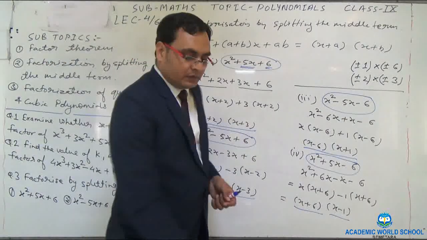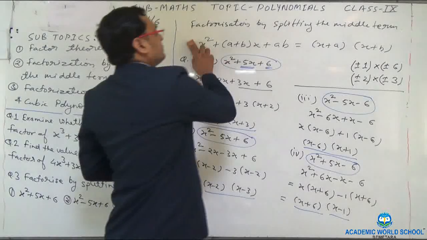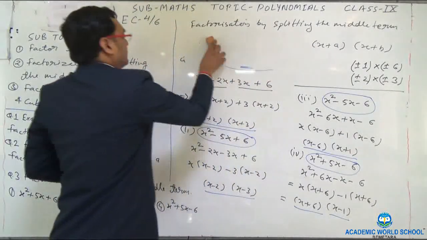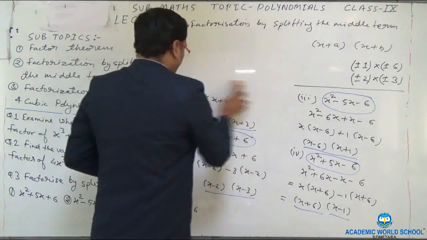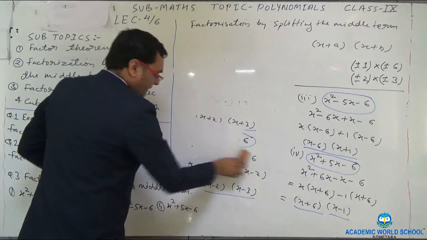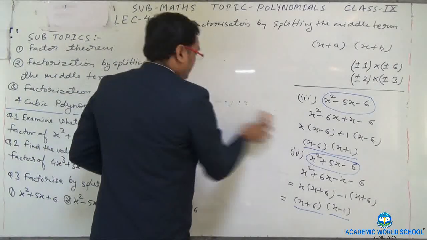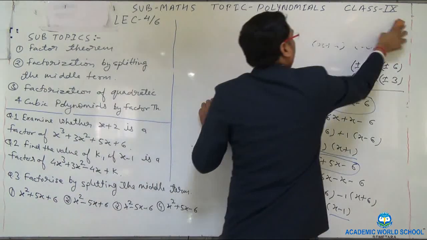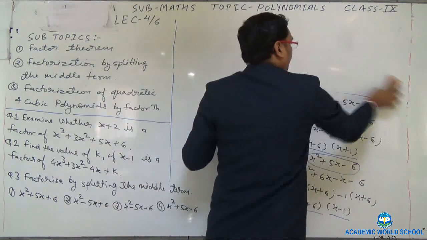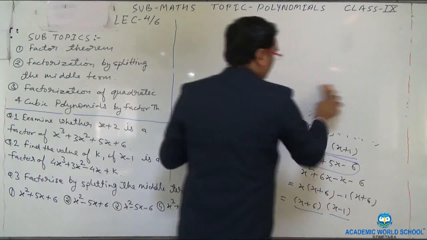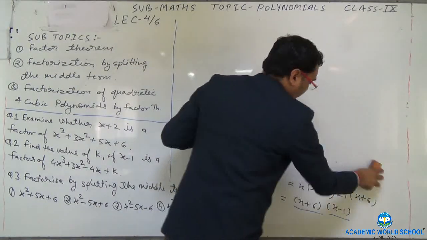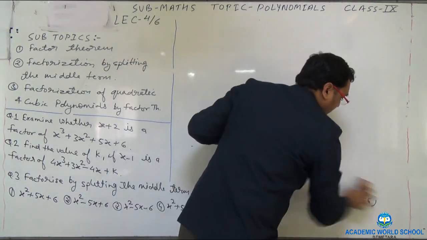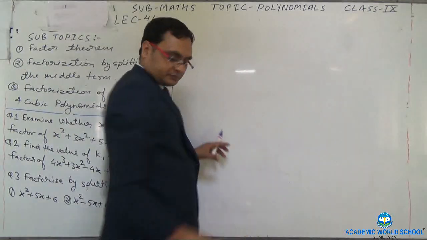Further, we will discuss how to do factorization using factor theorem. It is also very easy. We will take this one example to discuss how to factorize a polynomial using factor theorem.